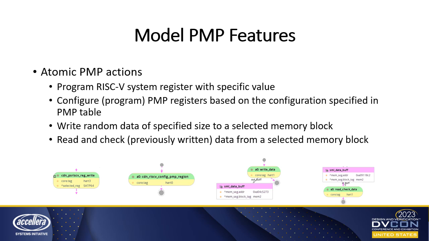It configures, programs, or reprograms the PMP registers based on the configuration specified in the PMP table. There is write data action, which is a basic action to write random bytes of data of specified size to a selected memory block in the system. There is also read check data, which reads and checks the previously written data from a selected memory block.